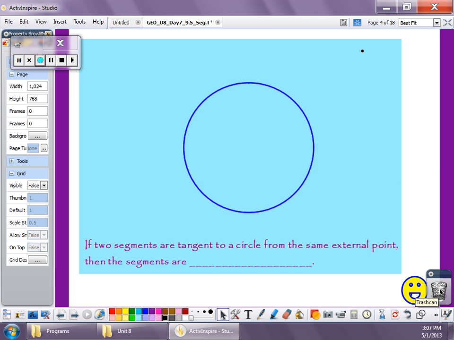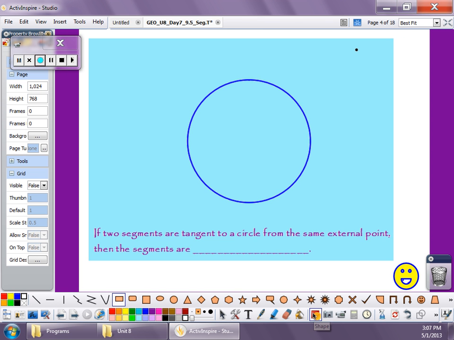If 2 segments are tangent to a circle from the same external point. So I have my external point here, and you can't see that. Let's change the color. So I have an external point out here, and I have a tangent here, and a tangent here.